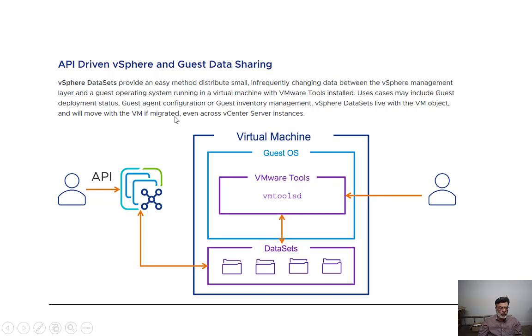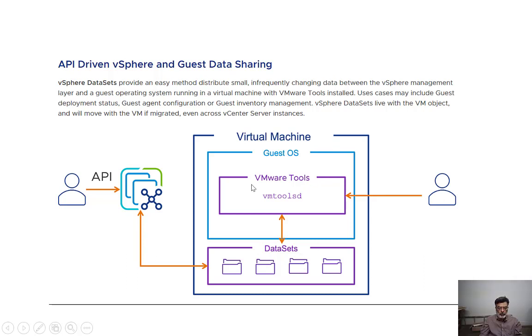Basically this is a new type of tool integrated in VMware vSphere 8. What it does is contain some information about the objects related to this VM. If we migrate the VM, it contains the information of the guest operating system along with the VMware tool.